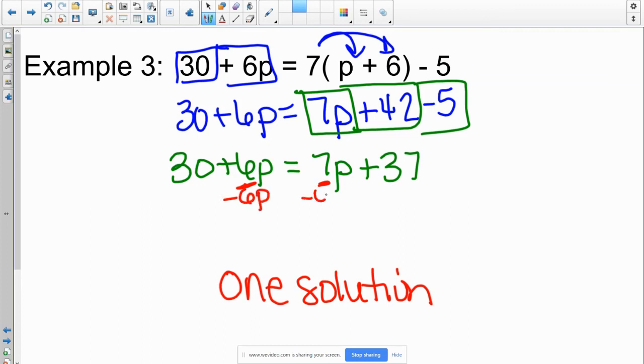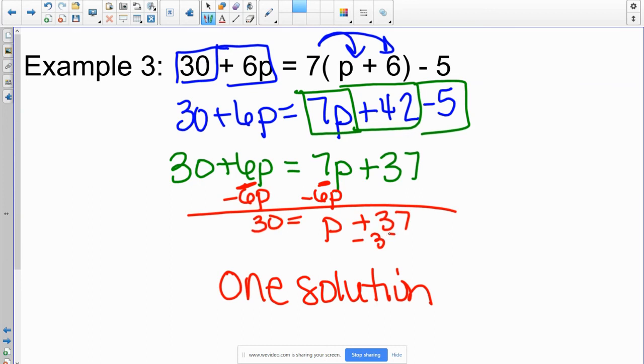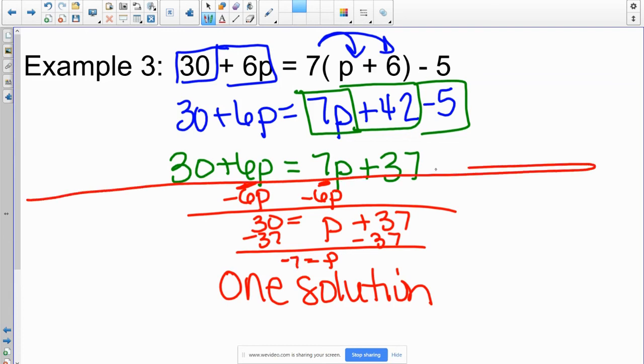I get rid of the 6p, and notice when I do that, I get p plus 37 equals 30. Then I subtract 37, and I get p equals a negative 7. You don't have to take it that far. You can stop right here, as soon as you can interpret that you know that's one solution because it has coefficients that are different.